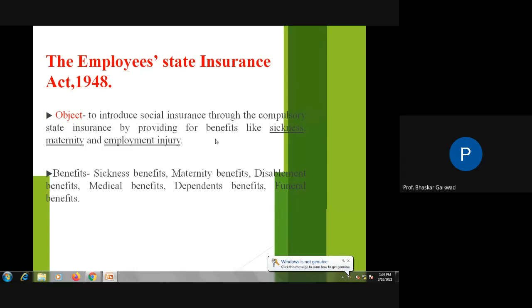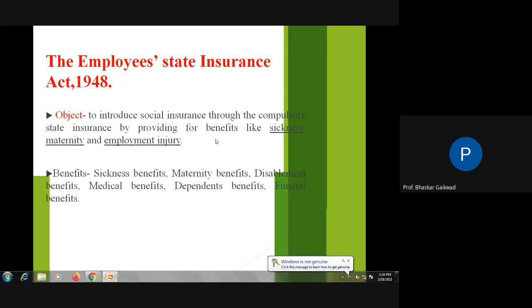For this purpose we require the insurance. So sickness is there, the maternity part is there, then employment injury will be there. While working, injury or sickness can happen, and for women workers maternity problems are there. For all this purpose there is an insurance scheme under the 1948 act.